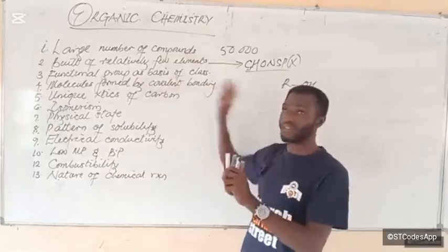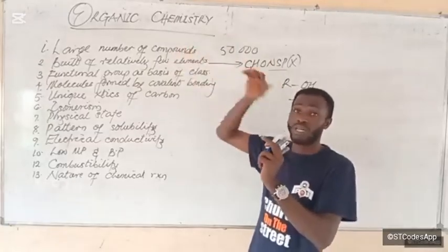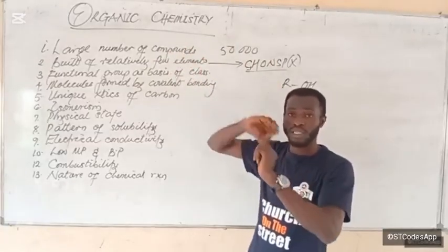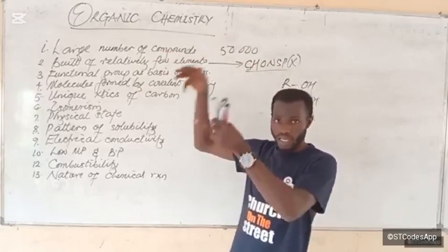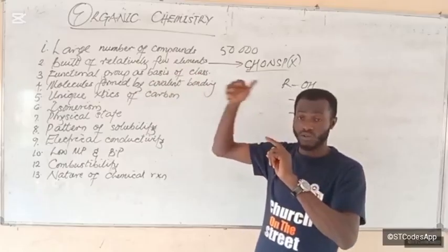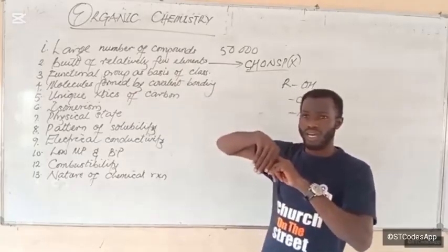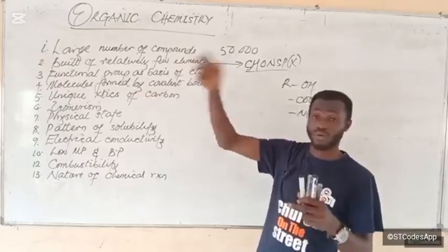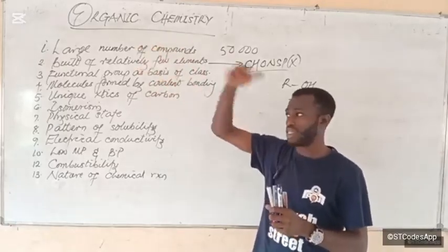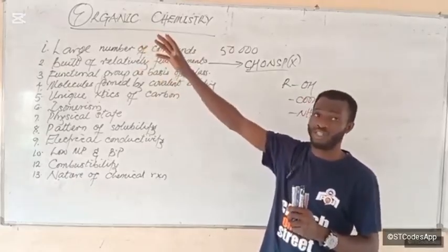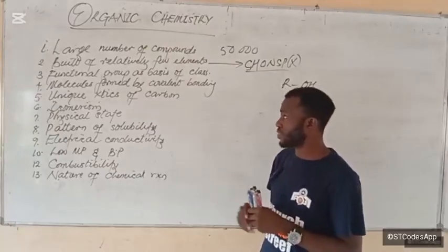But in inorganic compounds, you have ionic or electrovalent bonding, covalent bonding as well, coordinate covalent or dative bonds, hydrogen bonds, van der Waals forces, and all of those things. There are many types of bonding in inorganic chemistry, but in organic chemistry it is chiefly covalent bonding.